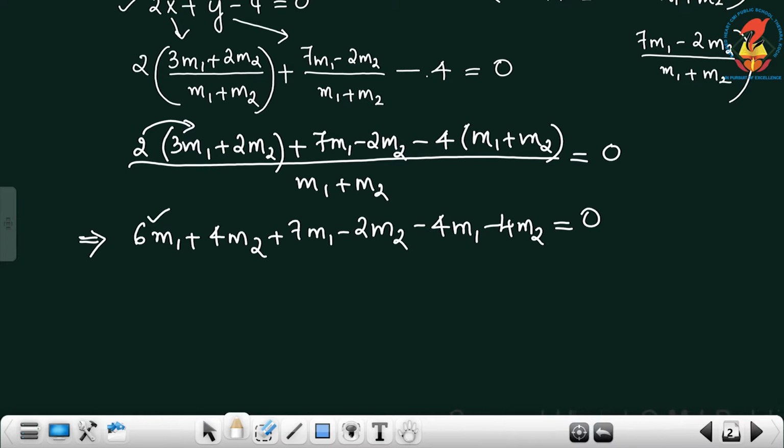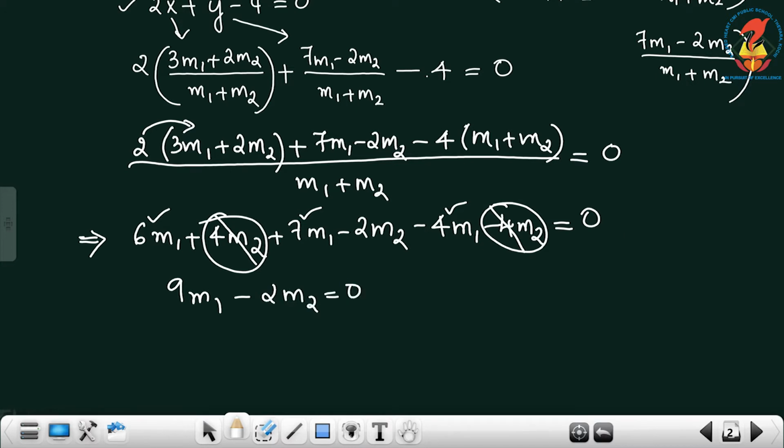Bring all the m1s together, 6m1 plus 7m1 minus 4m1. What will be the answer? It will be 9m1. 4m2 minus 4m2 gets cancelled. Then what is left? Minus 2m2 equals 0. Therefore, 9m1 is equal to 2m2.